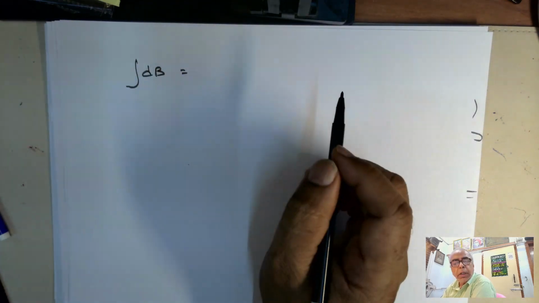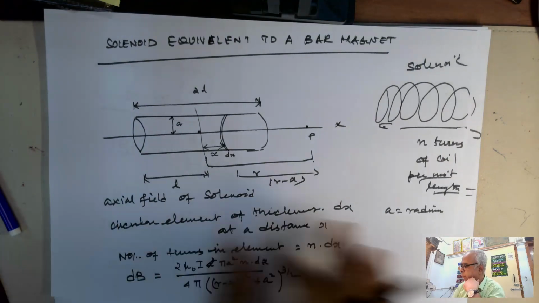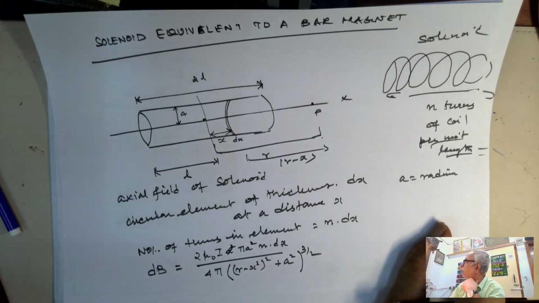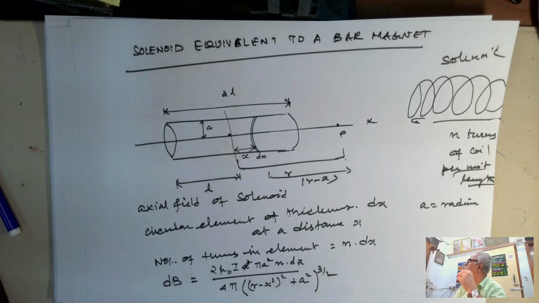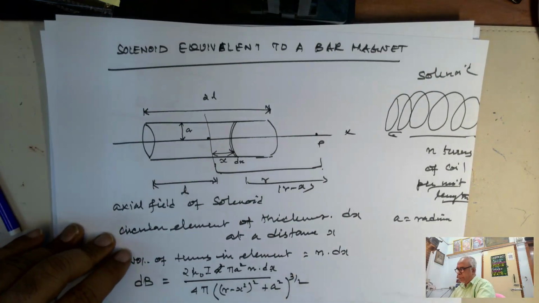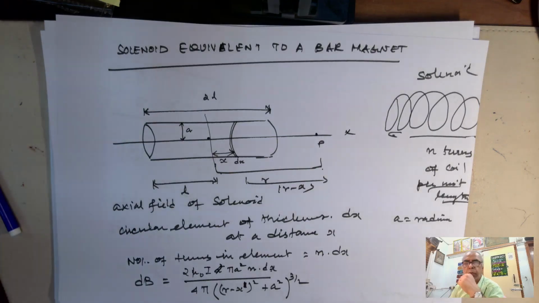Integration of dB is equal to 2 mu naught, then n and I, then pi a squared, then dx, whole divided by 4 pi into r minus x the whole square plus a square whole power 3 by 2.